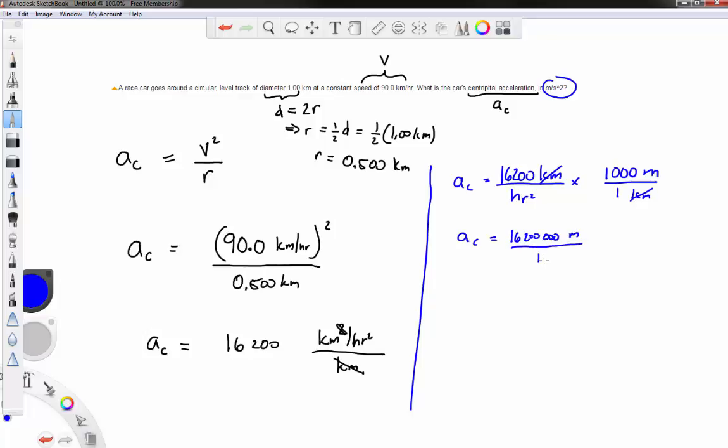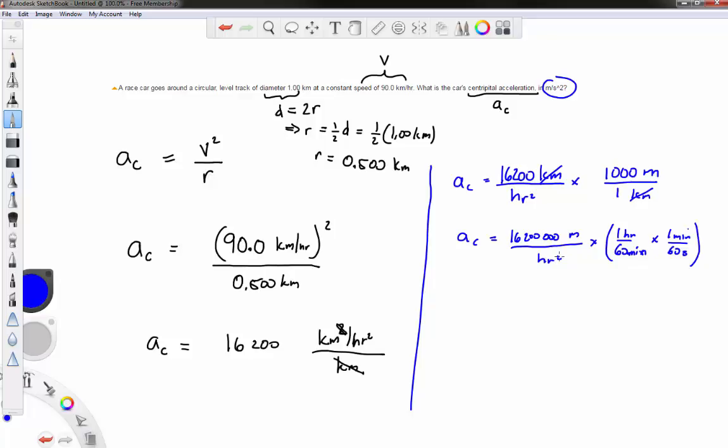meters per hour squared. So now we've got to convert hours into seconds. So in 1 hour there are 60 minutes, and then in each 1 minute there are 60 seconds.